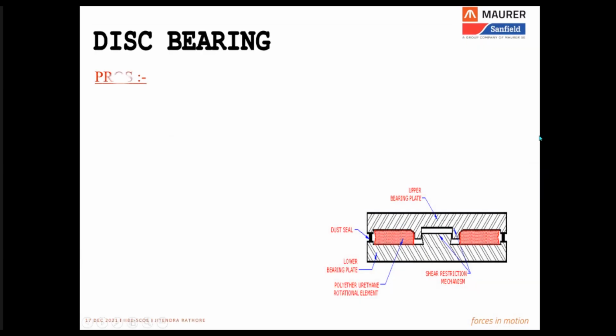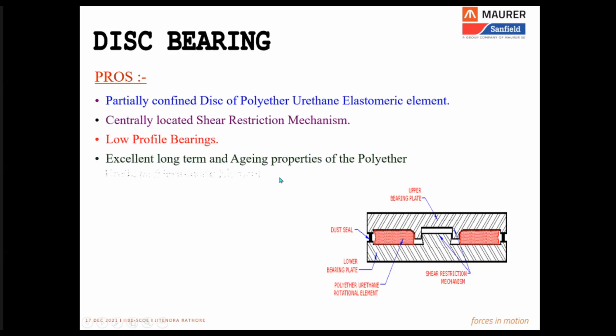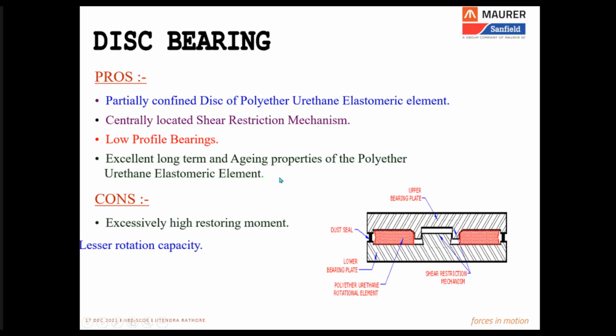Next in the category are the disc bearings. Disc bearings, I can tell you that these bearing systems originated in the US, and they started using these bearings around the 1960s and 70s, and these bearings can be considered a hybrid bearing system, having a combination of the benefits of the elastomeric element, which is a polyether urethane disc, along with the steel components.